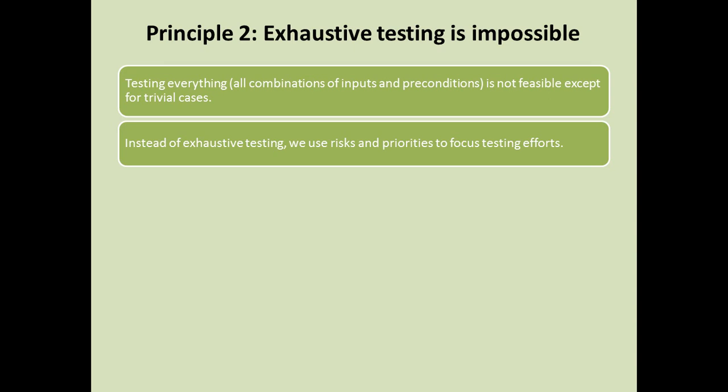Instead of testing everything, we use proper test design techniques to test the boundary conditions, like boundary value analysis and equivalence partitioning. Rather than testing everything, you just find the valid partition and invalid partition, apply boundary value analysis, test the conditions there, rather than testing all the input combinations and preconditions. So based on the risk and priorities, you need to focus the testing efforts.